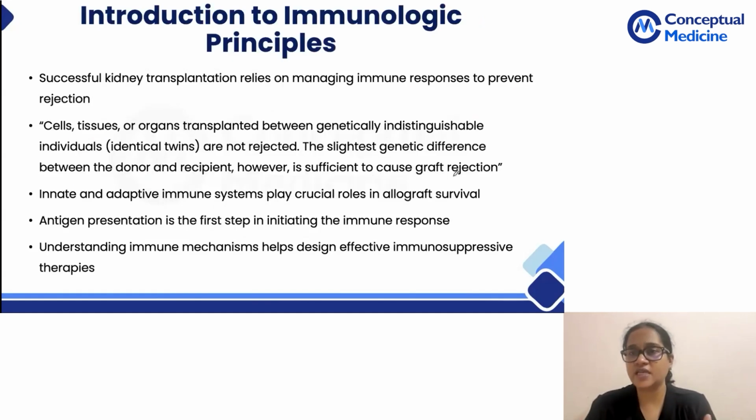So how is kidney transplant even possible? Okay. So you know that even for a virus, we have an immune response against infections or pollen allergies, everything. The body perceives it as foreign and then starts acting against it.